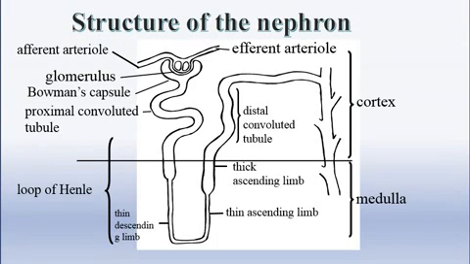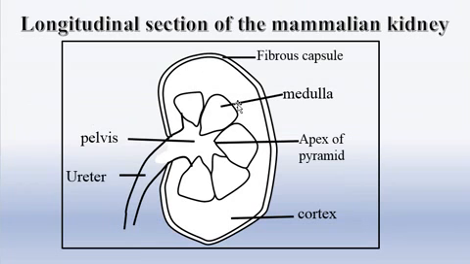We also described the functional unit of the kidney, the part of the kidney which performs all those functions and is known as the nephron. There is this part of the nephron. It is found within the cortex. Then this region of the nephron is found within the medulla. From here we can see that this is the cortex of the kidney, this is the medulla of the kidney.